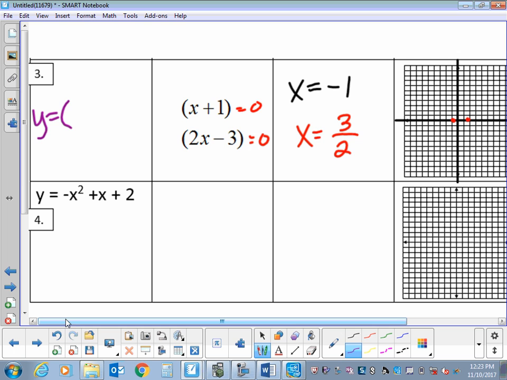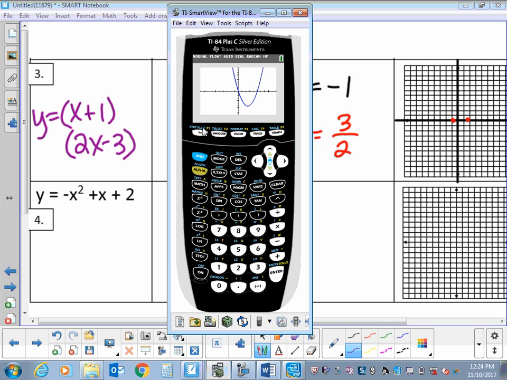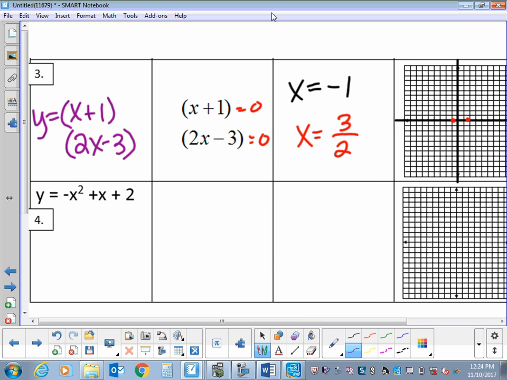X plus 1 times 2x minus 3. If you want to factor that and distribute, go for it, but you don't have to. In your calculator, let's see what this graph looks like. X plus 1, 2x minus 3. It's 0, -3, approximately. Skinny graph.